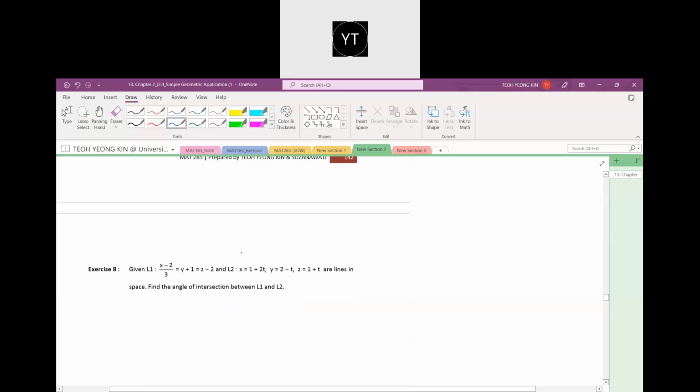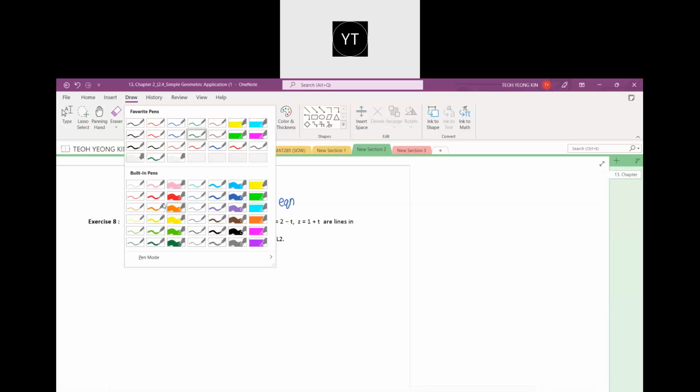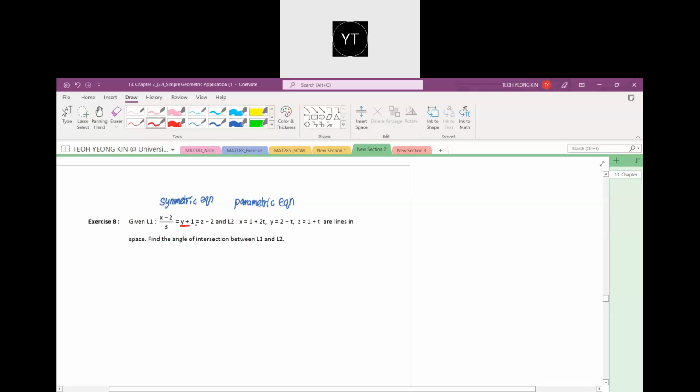If you look at exercise 8, given that L1 is the symmetric equation, where L2 is the parametric equation. So for the symmetric equation, this one actually is over 1.